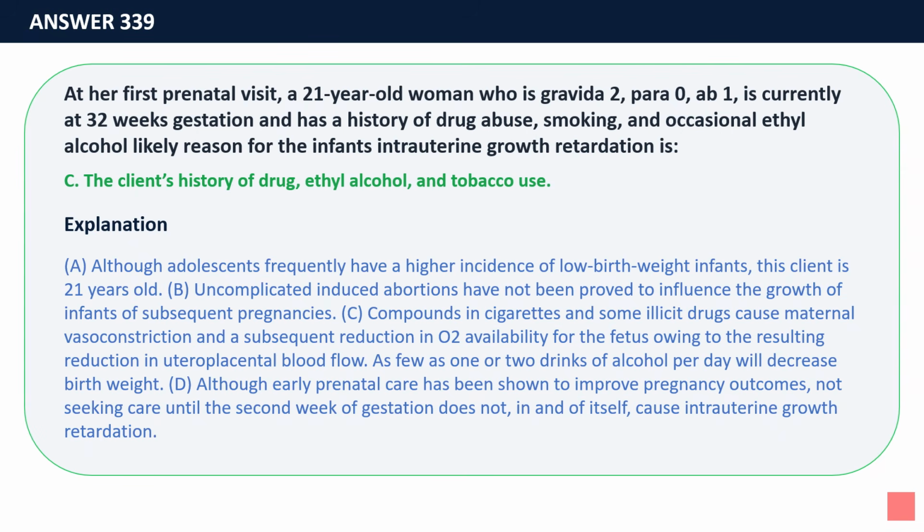C. Compounds in cigarettes and some illicit drugs cause maternal vasoconstriction and a subsequent reduction in O2 availability for the fetus owing to the resulting reduction in uteroplacental blood flow. As few as 1 or 2 drinks of alcohol per day will decrease birth weight. D. Although early prenatal care has been shown to improve pregnancy outcomes, not seeking care until the second week of gestation does not, in and of itself, cause intrauterine growth retardation.